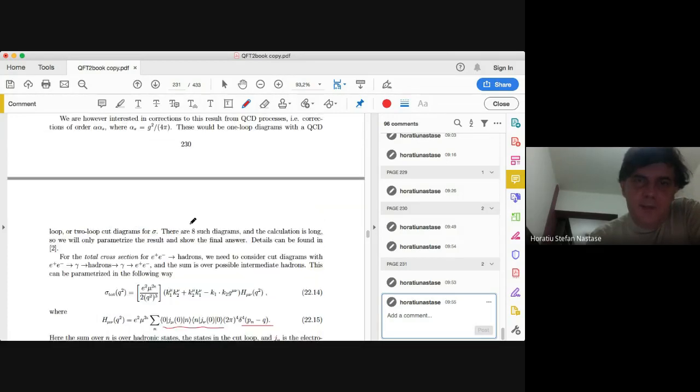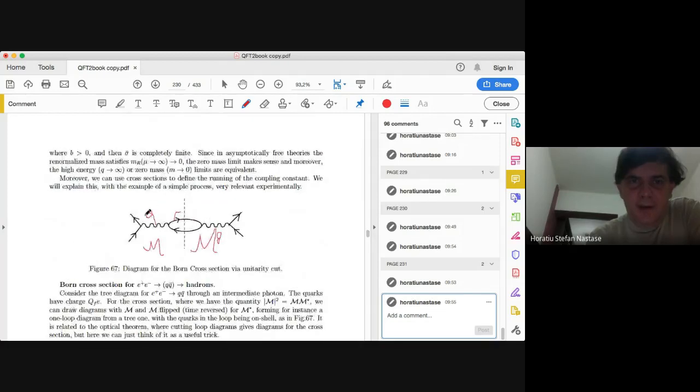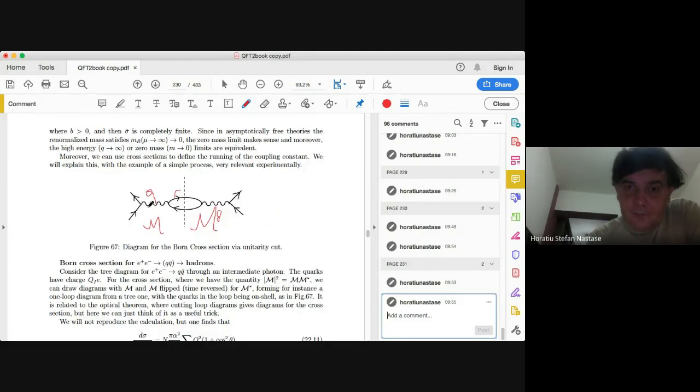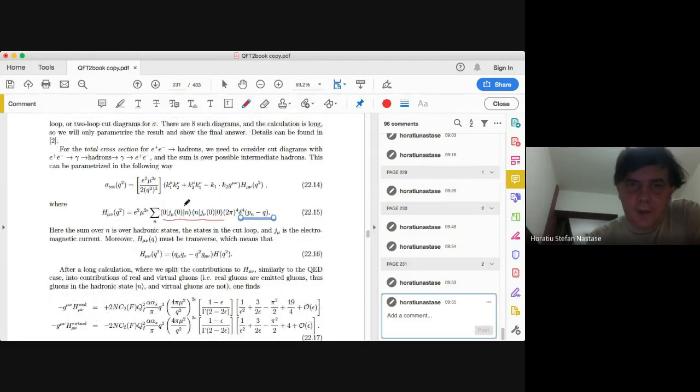Also, because we have to respect gauge invariance, with k1, k2 being these momenta, the corresponding extra factor is this one divided by q squared. So all in all, we have this factor of q squared cubed.